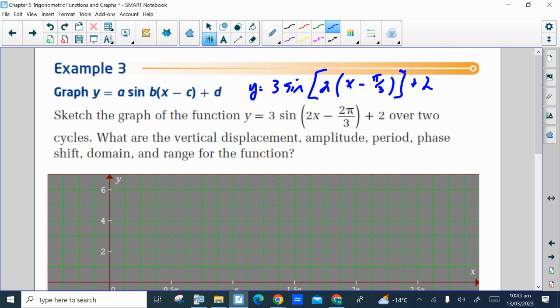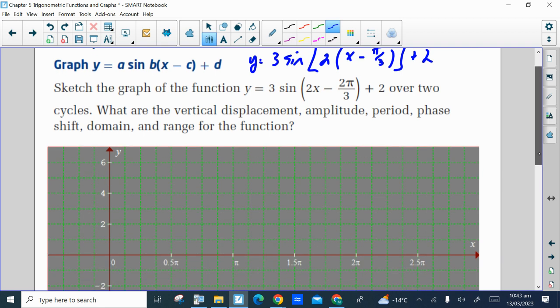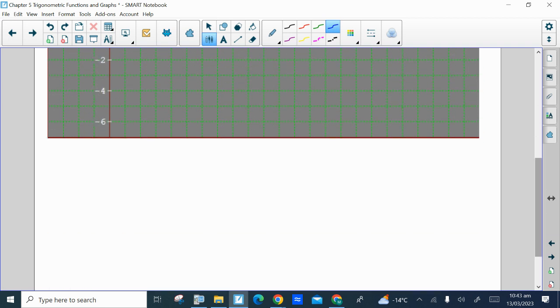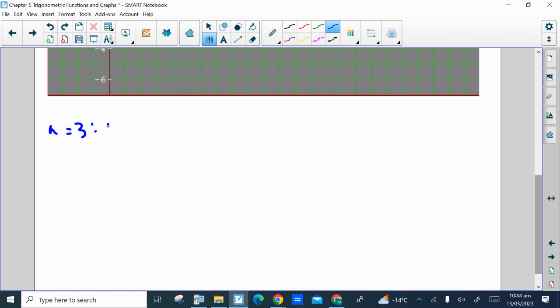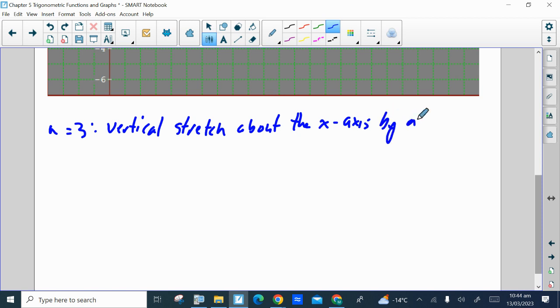Take b out as a common factor. So if we write our 4 parameters and the effect, first we have an a value of 3. So that's going to cause a vertical stretch about the x-axis at a factor of 3.